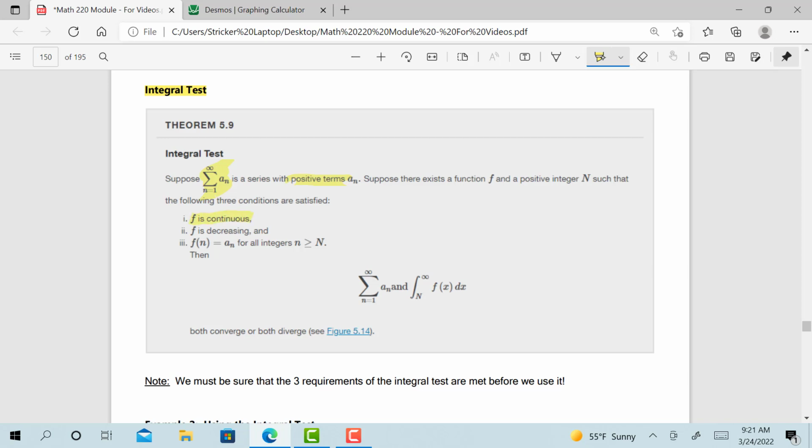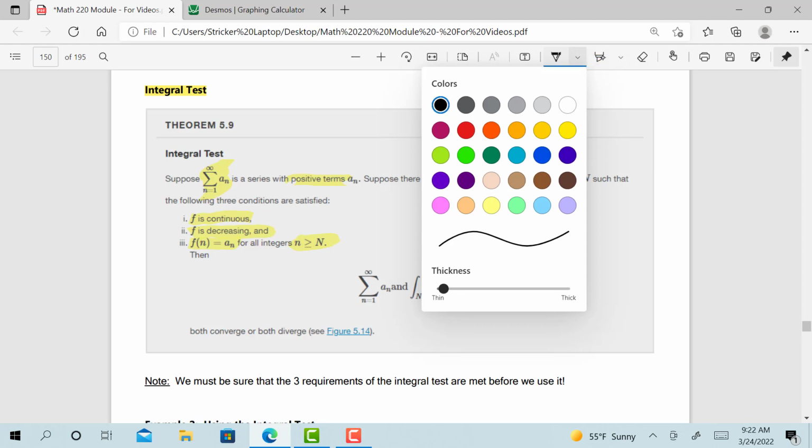Second, our function has to be decreasing, and I'm going to make a little bit of a note about that in just a second. And then the last thing is we got to have our a sub n from the series. We need to let that be the function that we're taking the integral of, right? This is our function. Let's go ahead and make one note here before we look at an example.